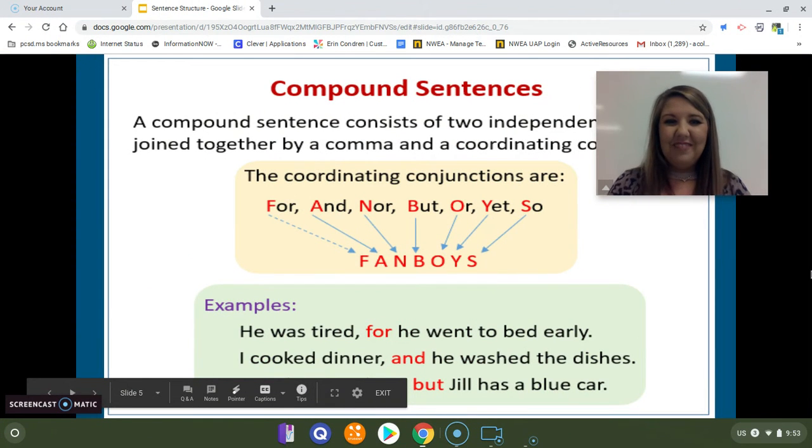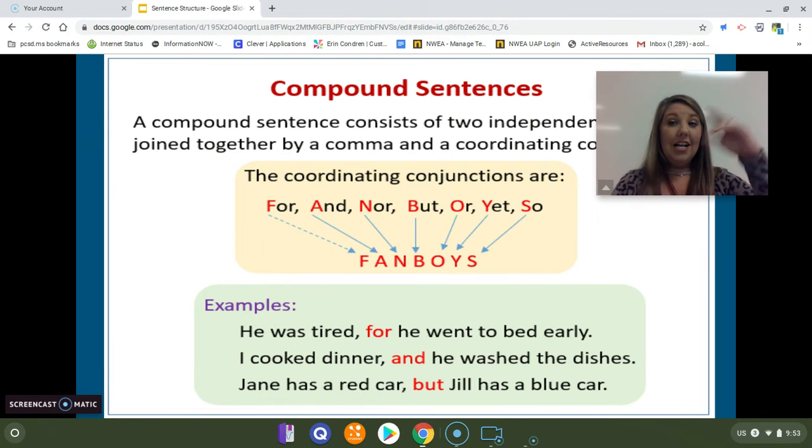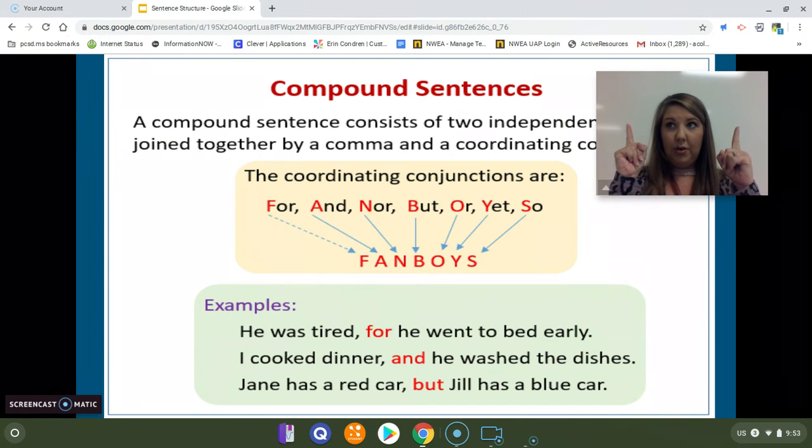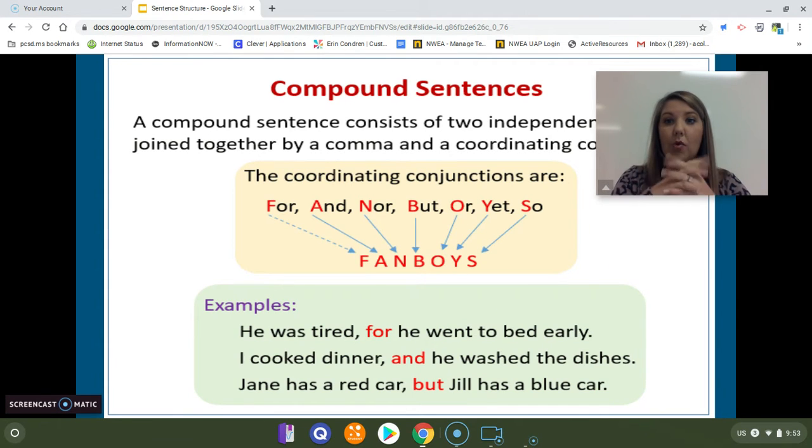Jane has a red car, simple sentence. Jill has a blue car, simple sentence. We want to merge them. So we must have a comma and a fanboy. So she chose comma, but.